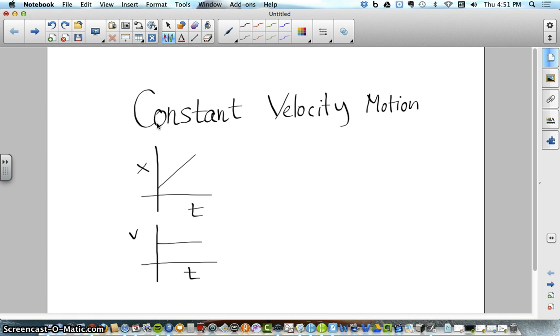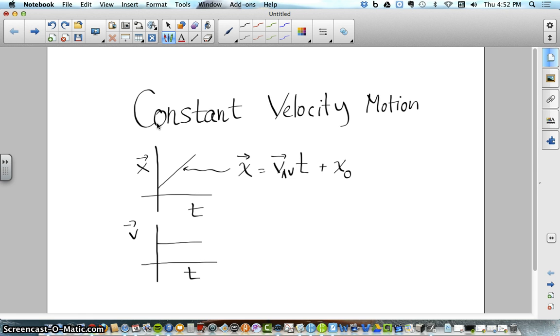We also found that our mathematical model for constant velocity motion, which is the equation of this line, is position equals average velocity times time plus our initial position.